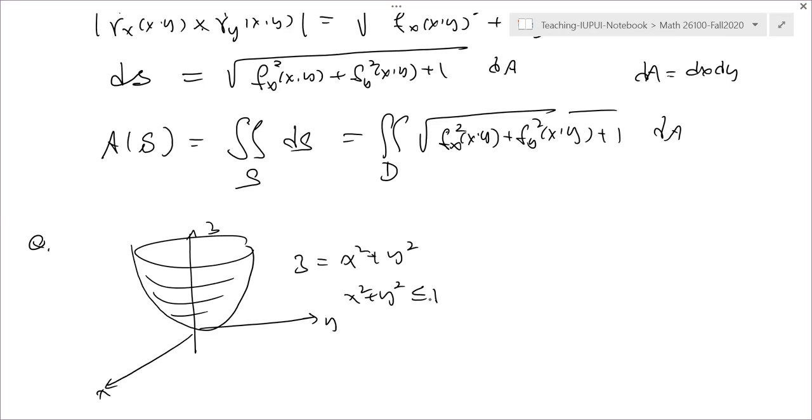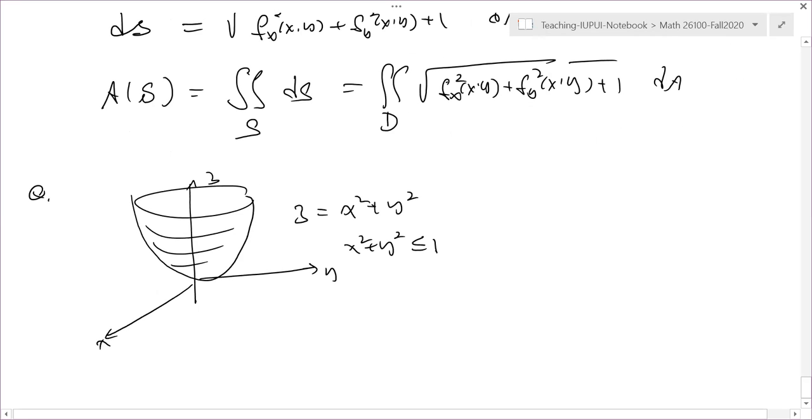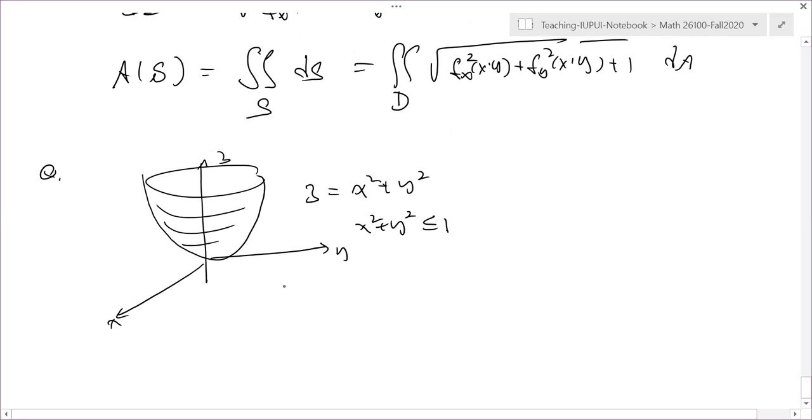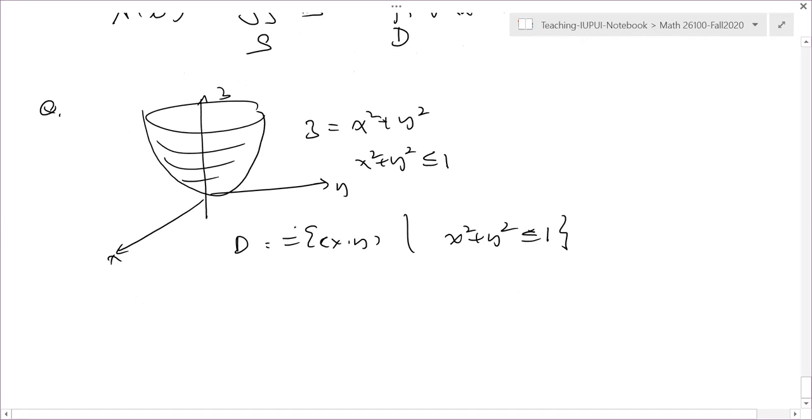Yeah, we can derive the formula. All right, so let's take a look at this. All we have to do is, this is a domain D, right? Domain D is going to be the disk.